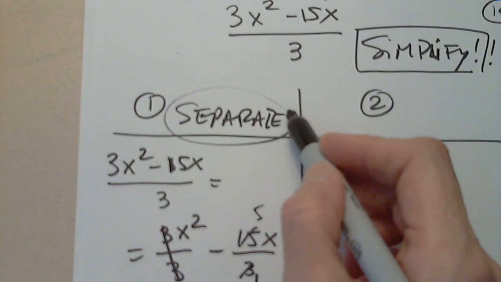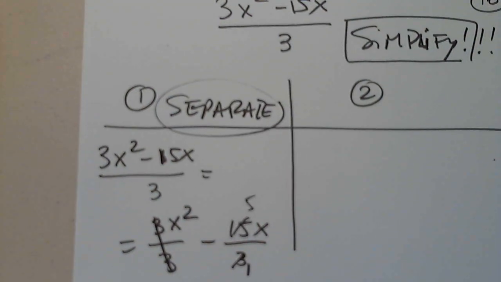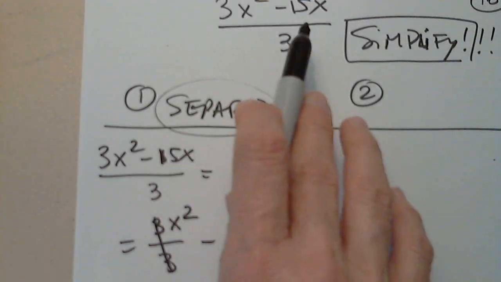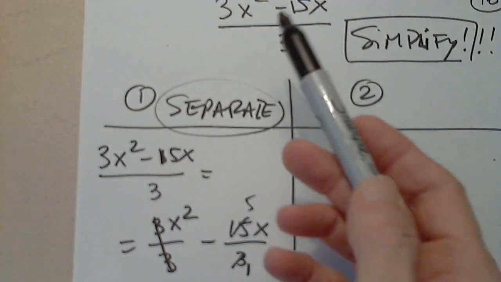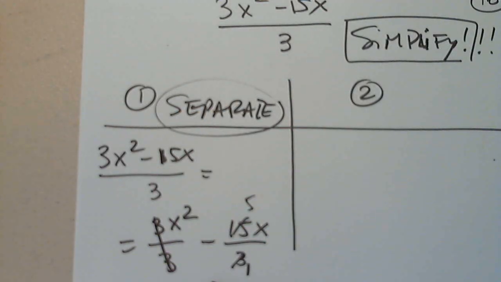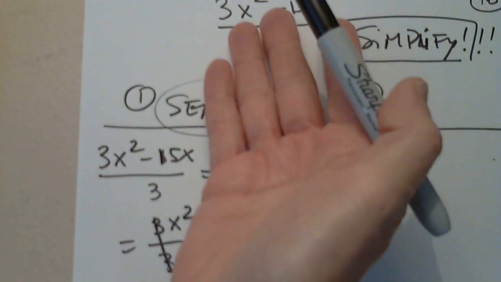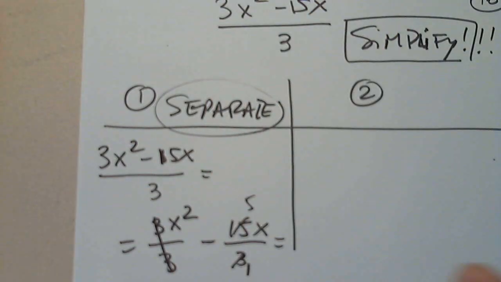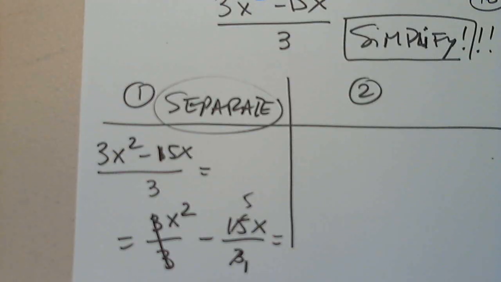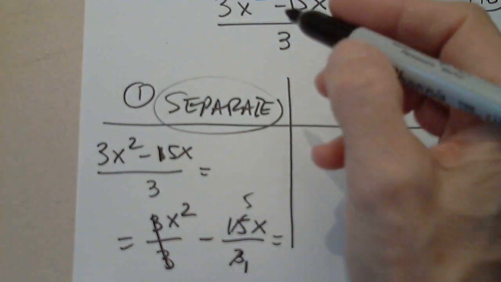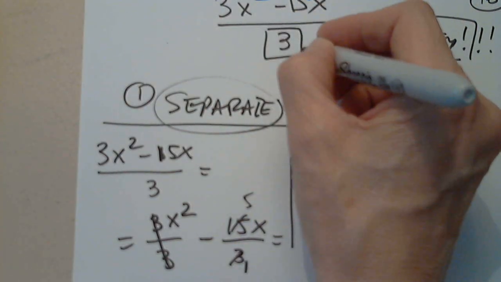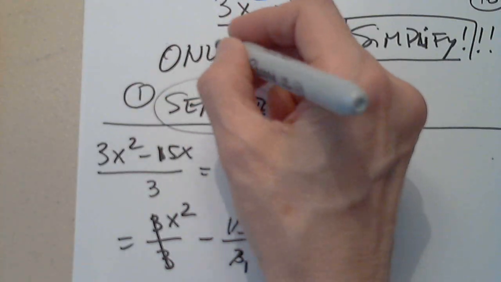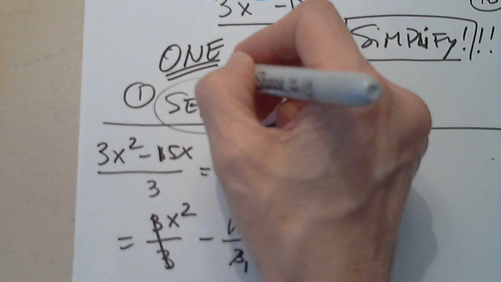So I separate based on the number of terms at the top. If I have two terms, I separate into two fractions. If I have 5 terms at the top, I separate into 5 fractions, and so on. This method works as long as the denominator is one term.